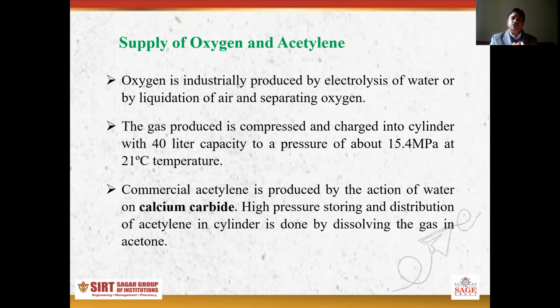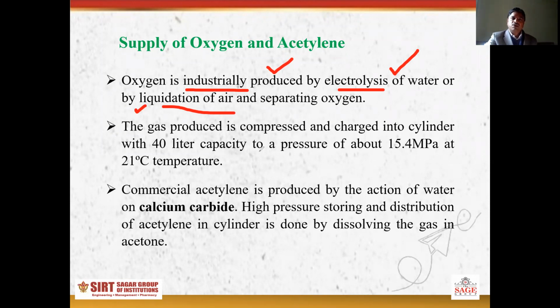Generally oxygen is obtained by the electrolysis of water, or liquefaction of the air. That means separating the oxygen from the air. So industrially, oxygen is produced by the electrolysis or liquefaction of the gases.